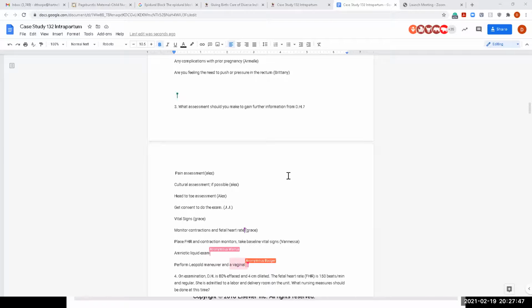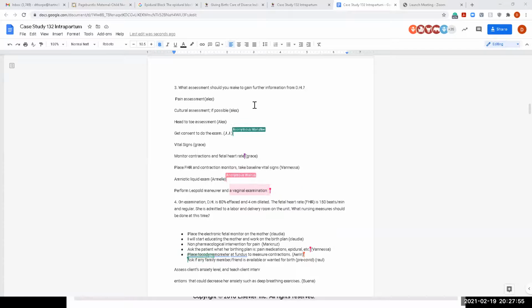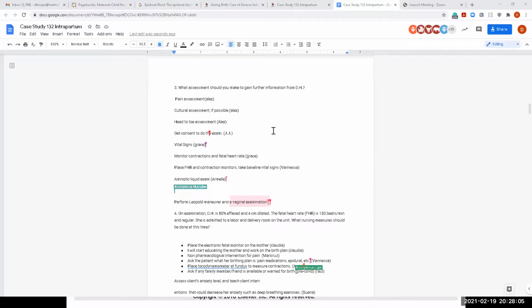The next one: what assessment should you make to gain further information from her? Alex said a pain assessment, cultural assessment, head to toe. Good, Alex, head to toe is important. I know this mom is probably huffing and puffing, and you're thinking, I've got to get the delivery table out, but you also have to take some time.